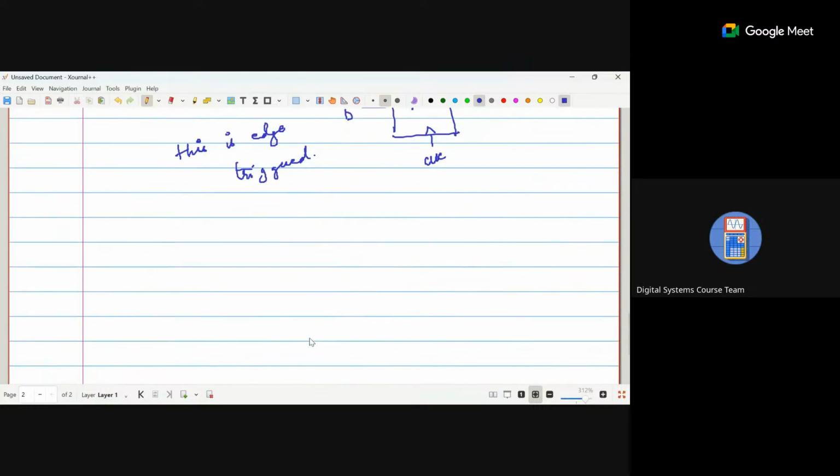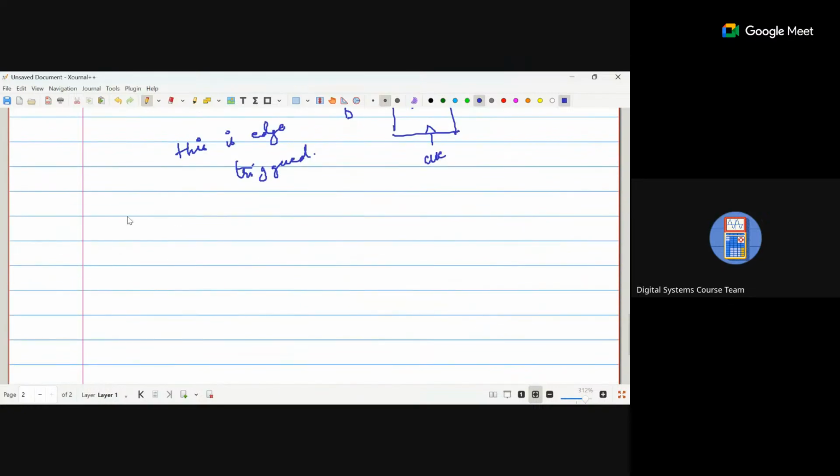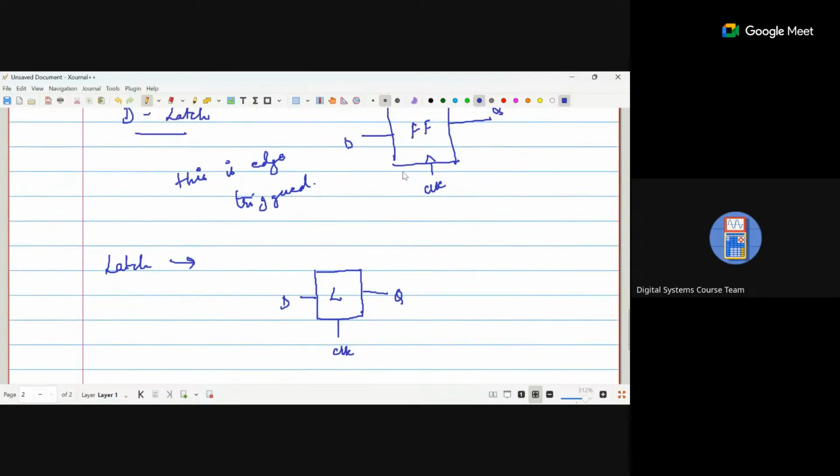Now to construct this, we bring something called a latch, and for latch we denote it by a box like this, and then we have clock, we have D, and output Q. The difference in denoting is this particular shape here; latch will not have it.